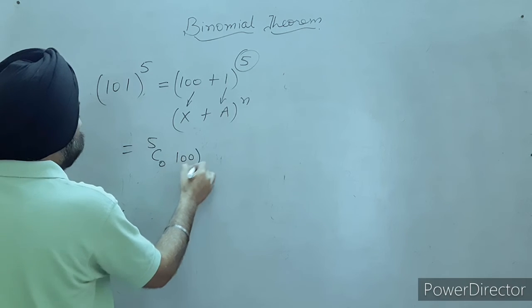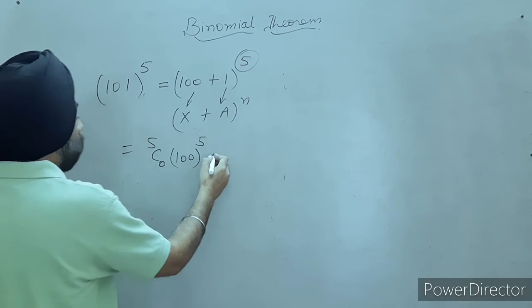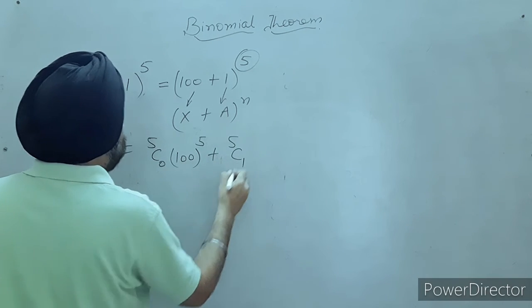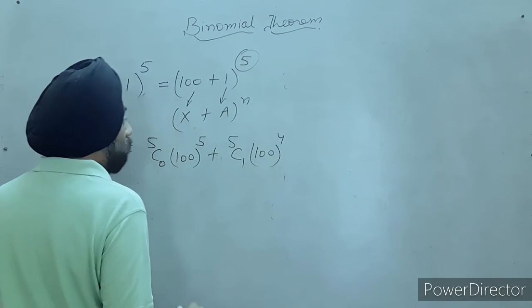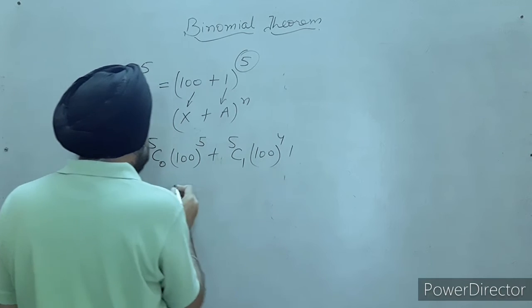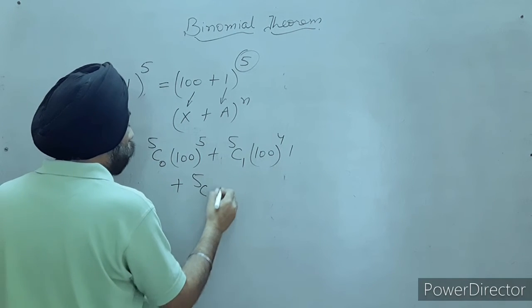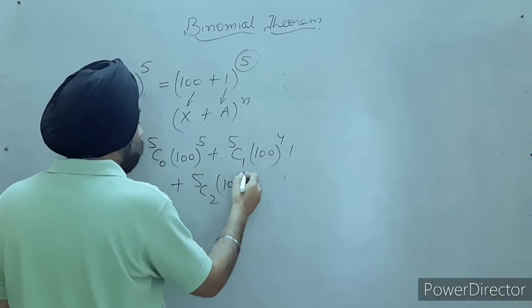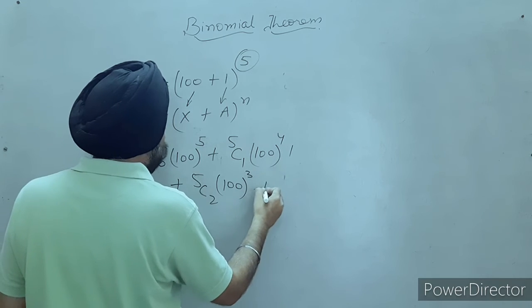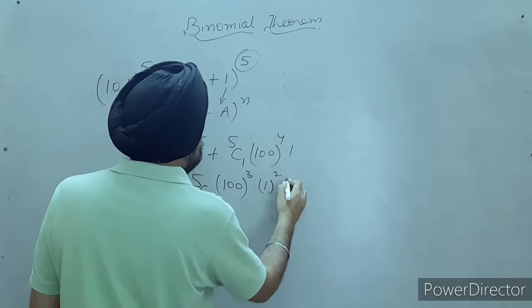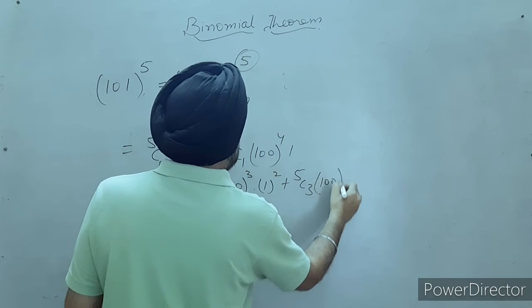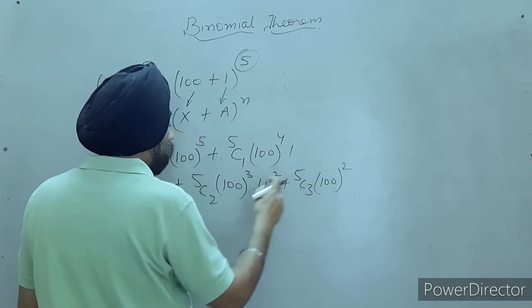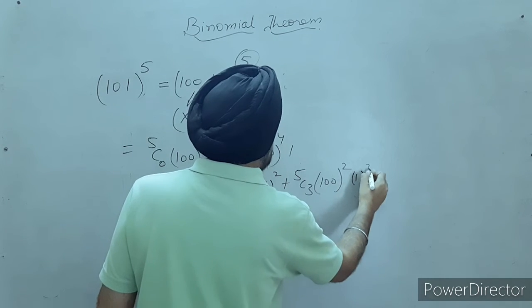x raised to power 5 plus 5C1 x raised to power 5 minus 1 into a plus 5C2 100 raised to power 3 into 1 square plus 5C3 100 to the power 5 minus 3, square, and 1 cube, right?